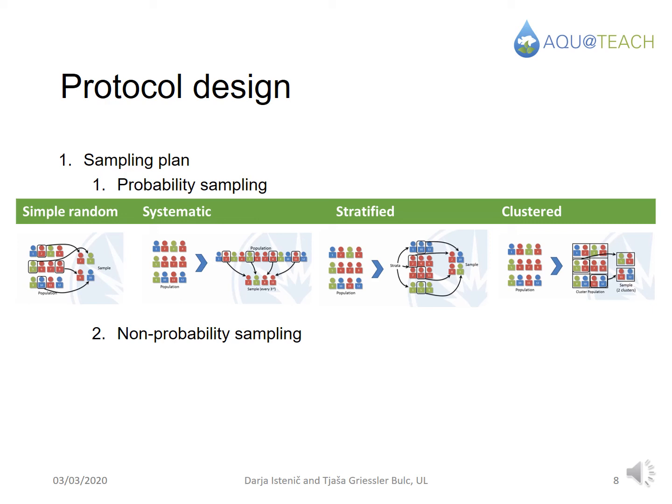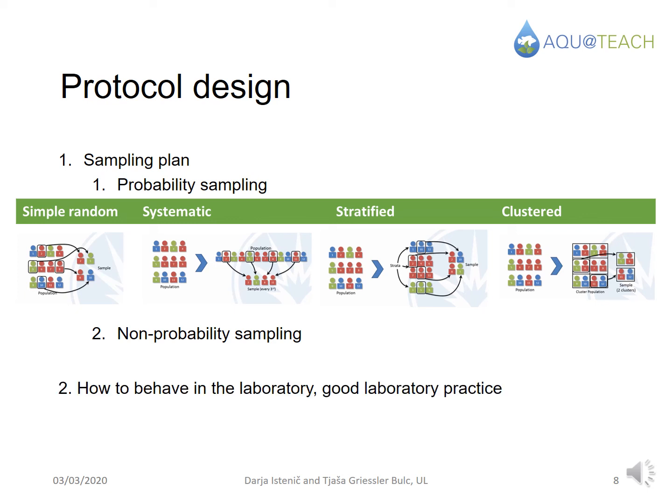Probability sampling can be simple random, systematic, stratified, or clustered. In case of non-probability sampling, a sample is gathered in a way where all individuals in the population do not have an equal chance of being selected. There are also different types of non-probability sampling. All sampling types will be further described in your Moodle activities.